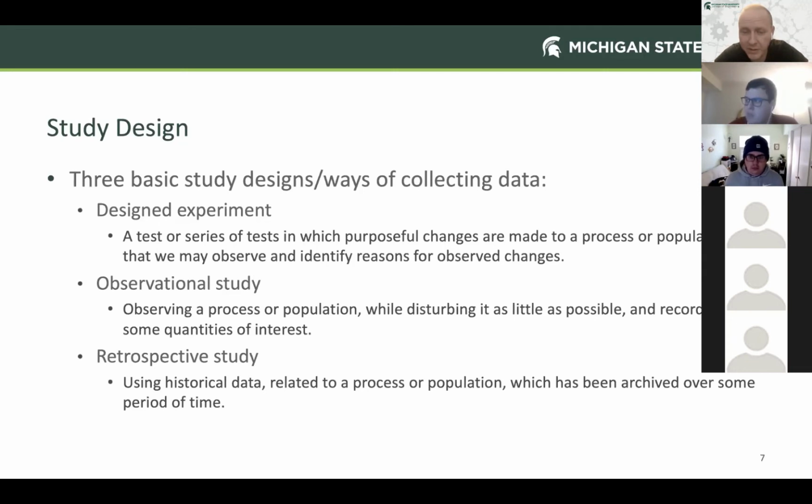If we go back to the speed limit example, in an observational study, we could have staff out in the field conducting speed measurements with LiDAR or radar guns, or cameras or various other data collection devices. From a retrospective standpoint, we've also obtained a lot of speed data of this nature as well.